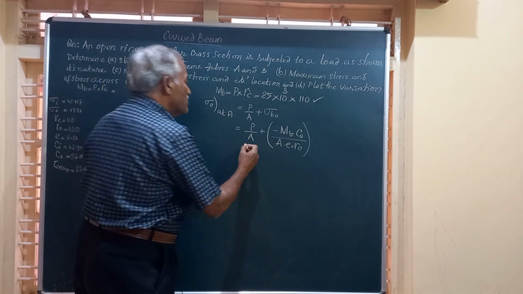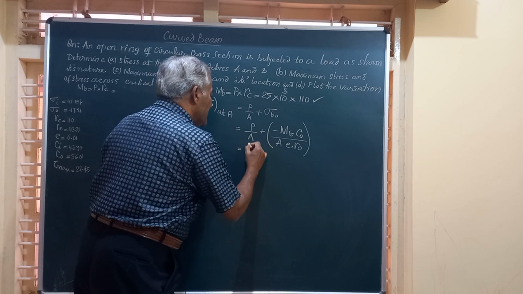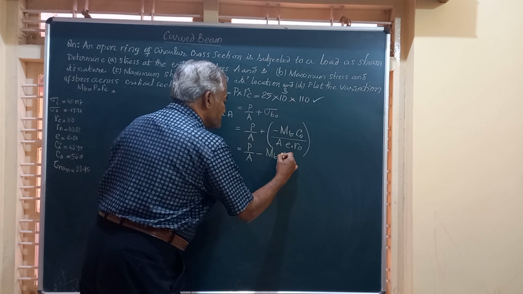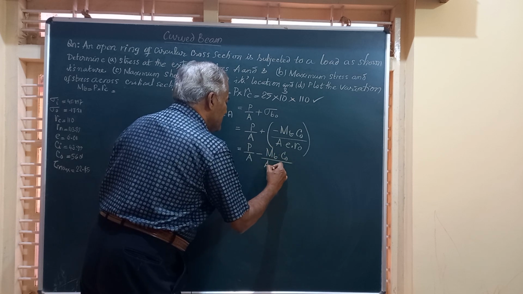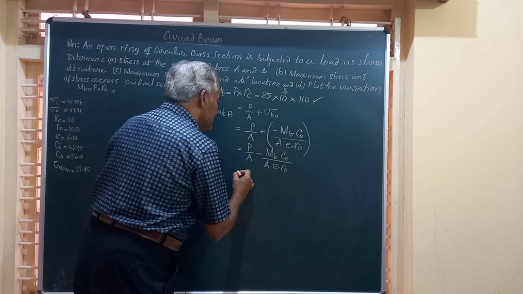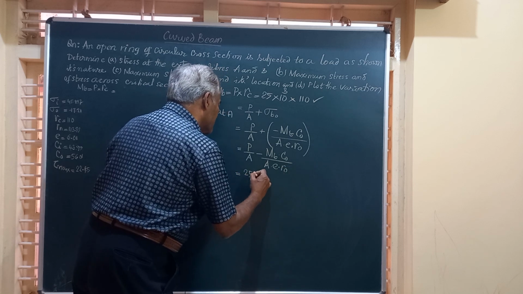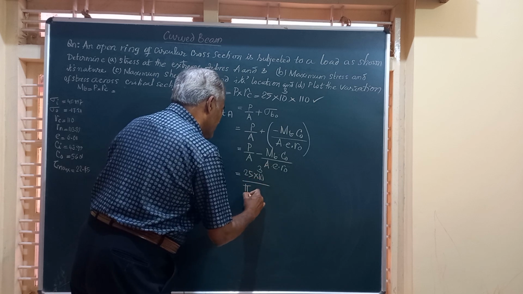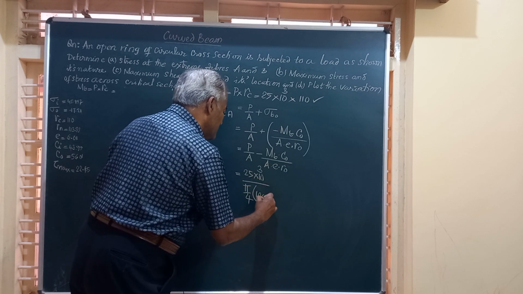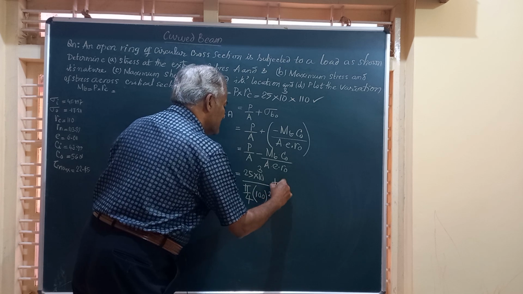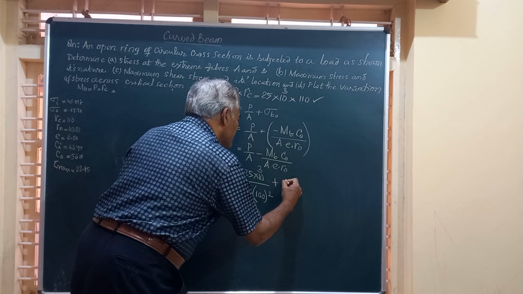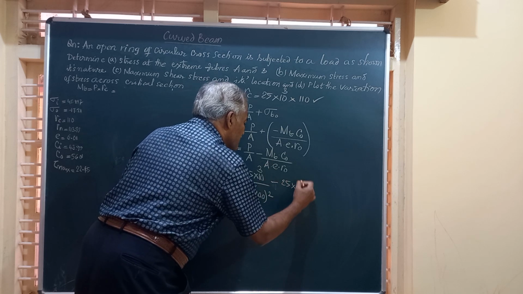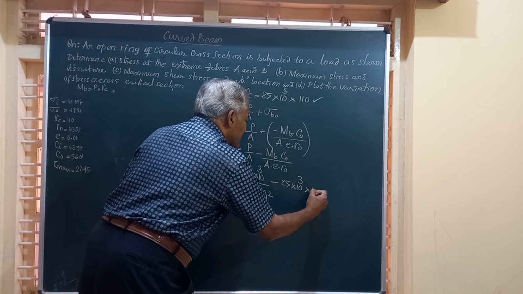So this will be, friends, P by A minus MB C naught divided by A E R naught. P is 25 into 10 power 3 load, area pi by 4 diameter square, that is 100 square, minus MB, 25 into 10 to the power of 3 into 110.